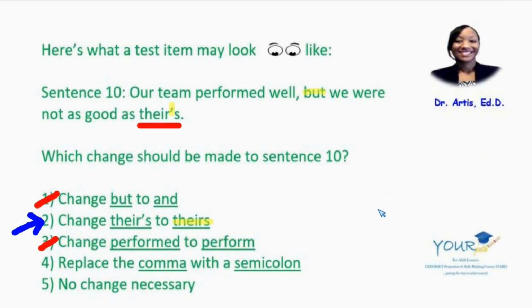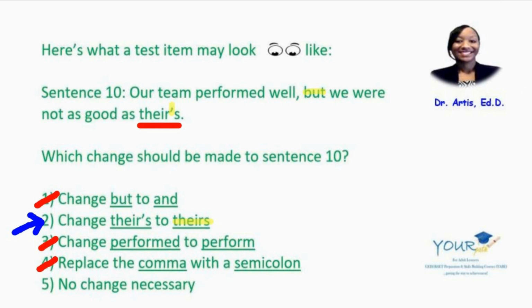Number 4 asks us to replace the comma with a semicolon, and we're not going to replace the comma in this case because the comma is in front of the conjunction but, which is separating our 2 independent clauses. And that is correct, and so we're going to eliminate option number 4.